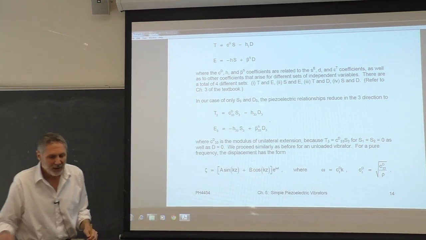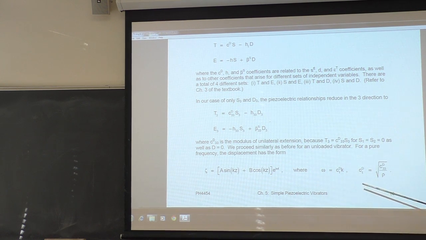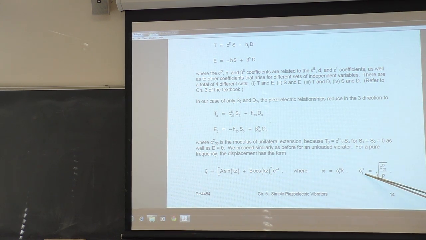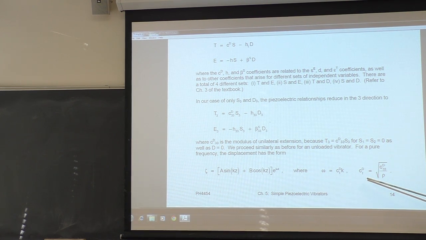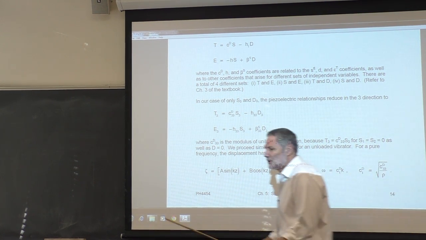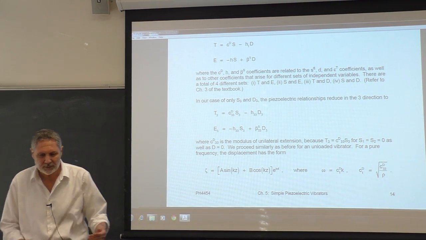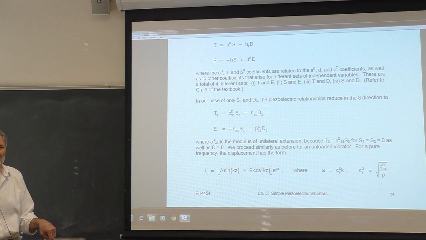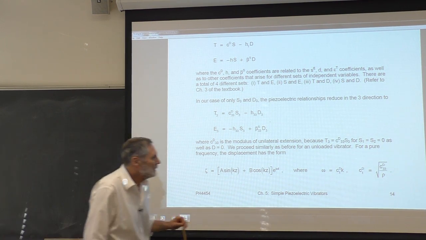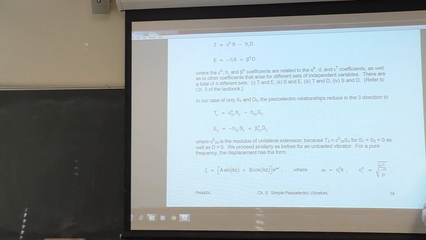Okay. Now, I have something here in the notes about the notation. There's a little bit of a problem with the notation here. If you go back to chapter 2, towards the end, on the elastic wave part, where we talked about elastic waves and the general theory, this actually stood for transverse, for shear waves, I think.